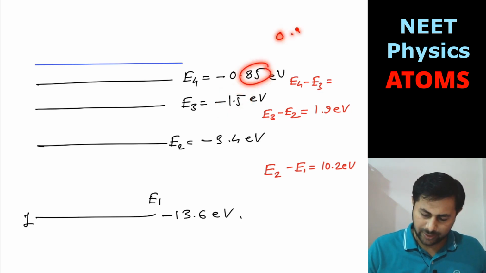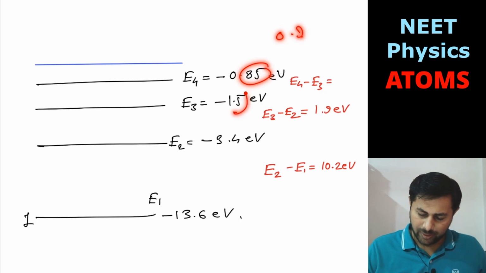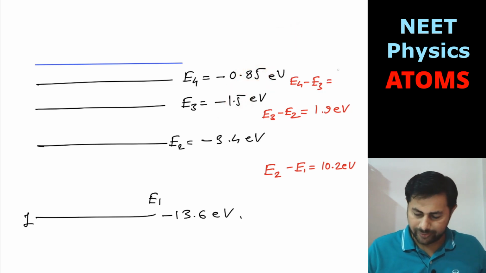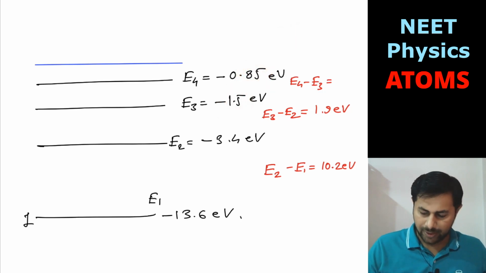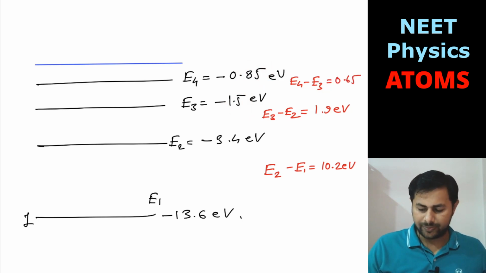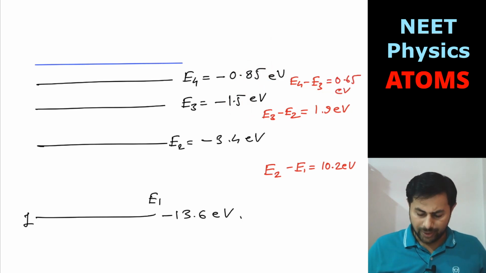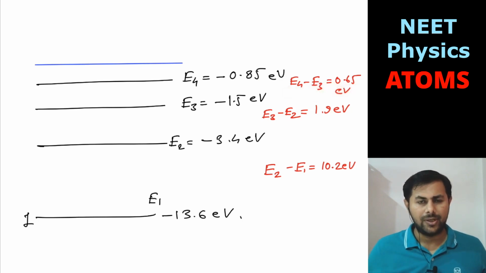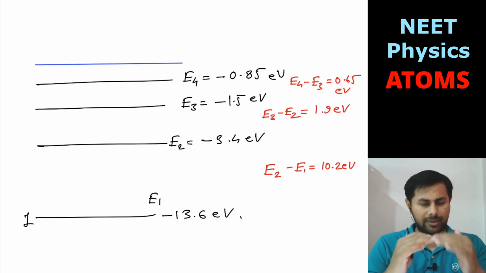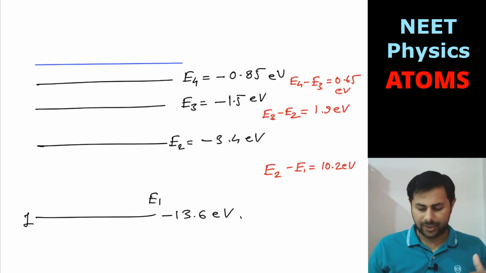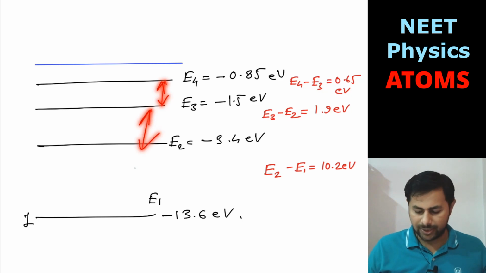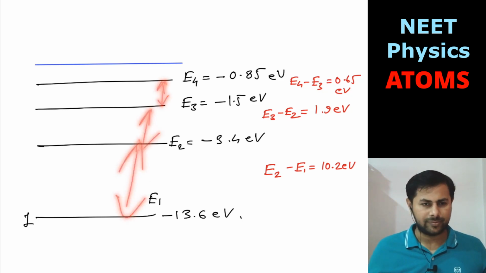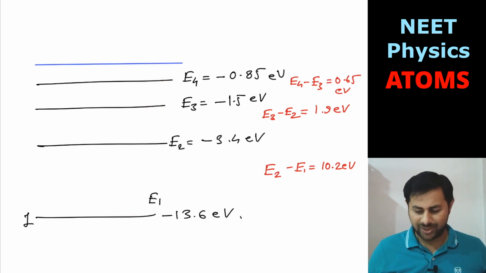It's 0.65 eV. So as you go to higher and higher levels, what happens? The energy difference between the nearest levels goes on decreasing. E4 minus E3 is less than E3 minus E2, and it is less than E2 minus E1, right? So this is an observation, you need to remember it.